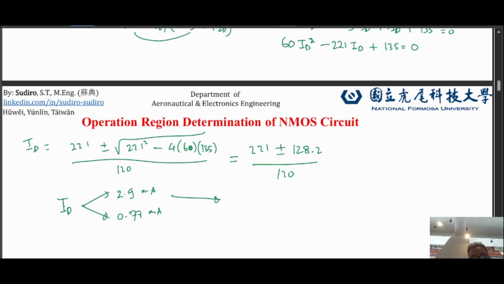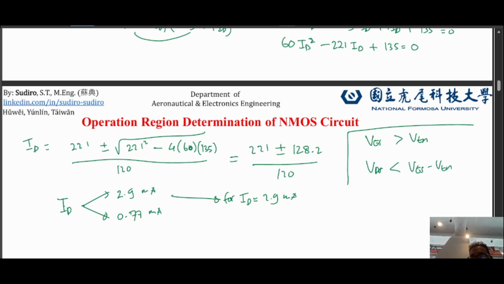whether it is satisfying the triode region. Is it 2.9 or 0.77? The first one is for ID equal to 2.9 milliampere, and we know that the requirement of the triode region is VGS greater than VTN, while VDS is less than VGS minus VTN.